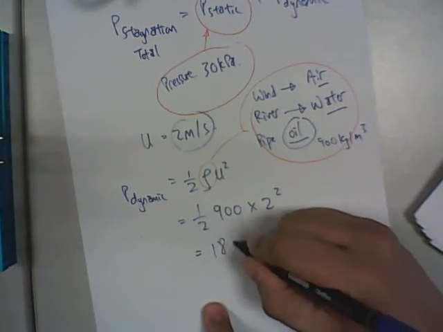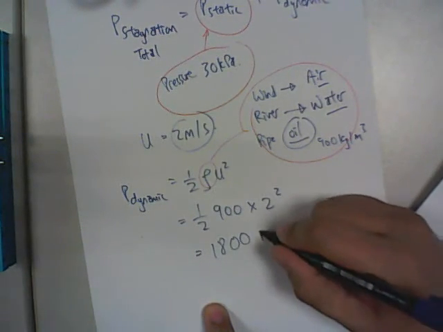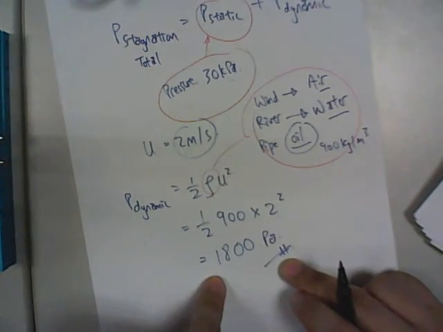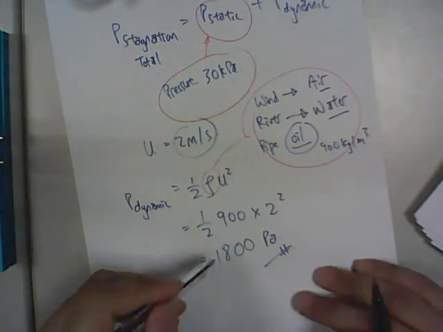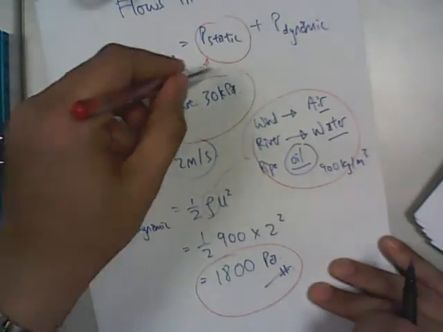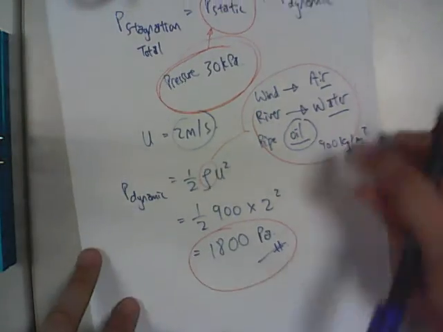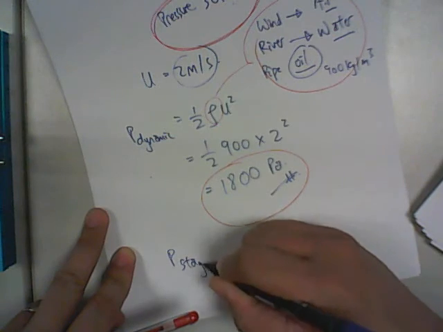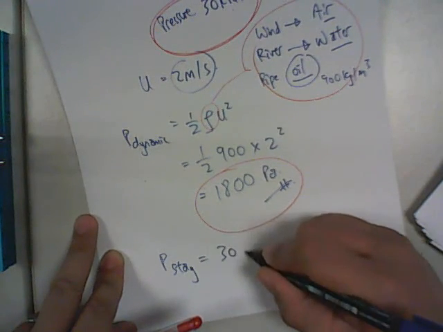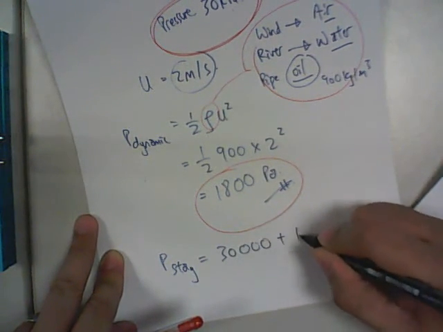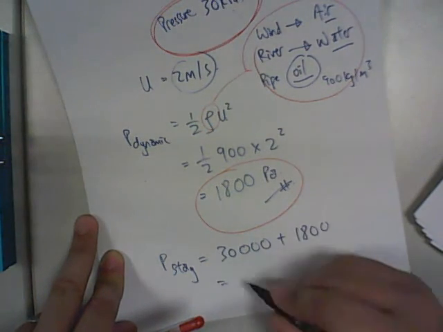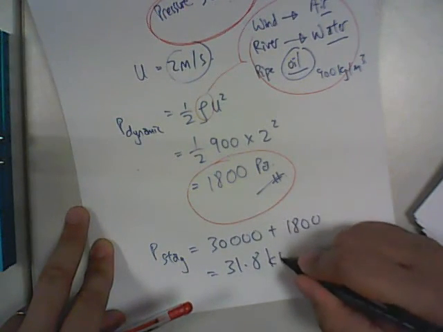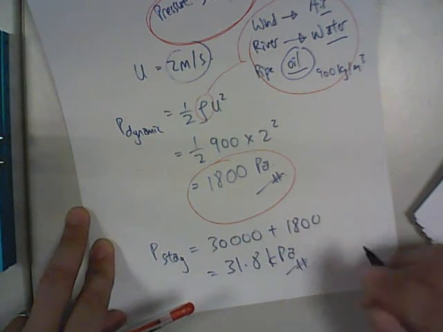So the answer is 1800 pascals. The dynamic pressure is 1800 pascals. If we have this dynamic pressure with this static pressure, your stagnation or total pressure will be equal to 30 kilopascal plus 1800 pascal, which gives you 31.8 kilopascal total pressure.